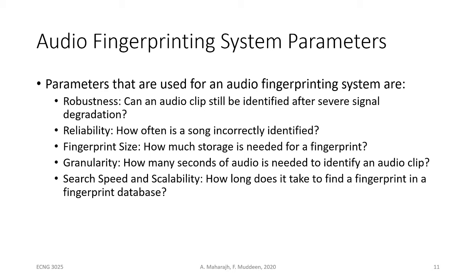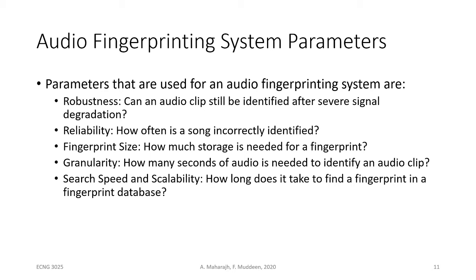The fingerprint size is how much storage is required for storing each fingerprint. The granularity, meaning how many seconds of audio are needed to identify any audio clip. The fewer seconds of audio, while we're still maintaining the same high level of accuracy, the better. And the search speed and scalability, basically meaning the speed at which your application responds to finding the fingerprint in the fingerprint database.